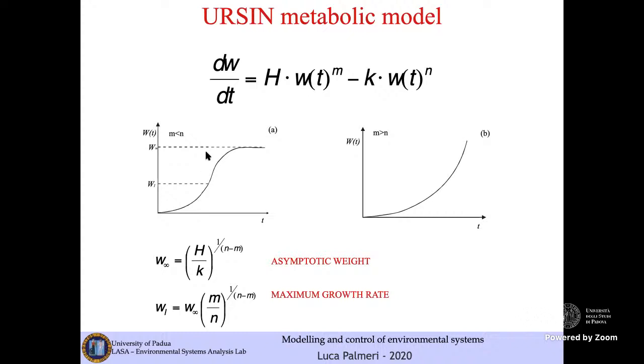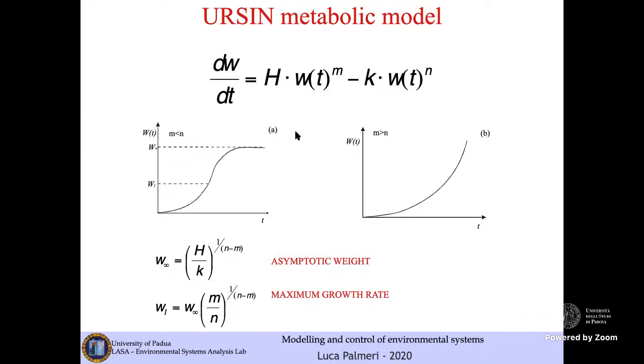grow. After the maximum growth rate, so the inflection point, there is a slowing down of the growth rate, so that the weight of the organism tends to an asymptotic value, that is W infinity.